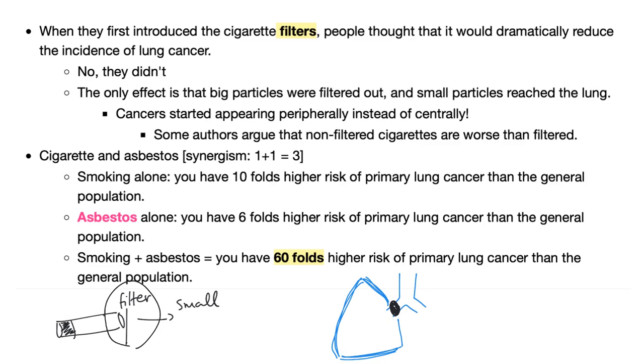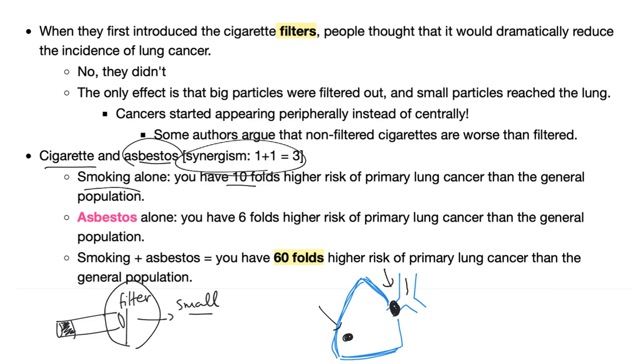After the introduction of the filter, small particles passed, so the cancer happened here. So yeah, it did reduce the risk of cancer, but only slightly. The main difference is that instead of having a proximal cancer, now you will end up with a distal cancer. Just don't smoke, people.